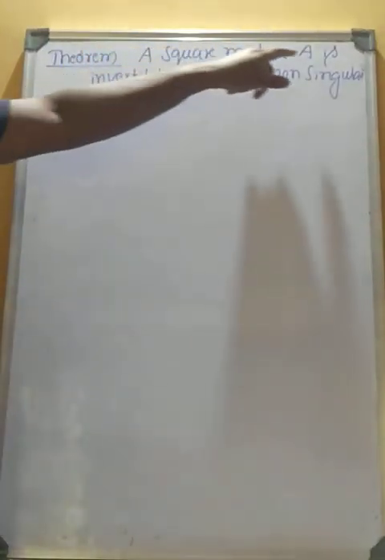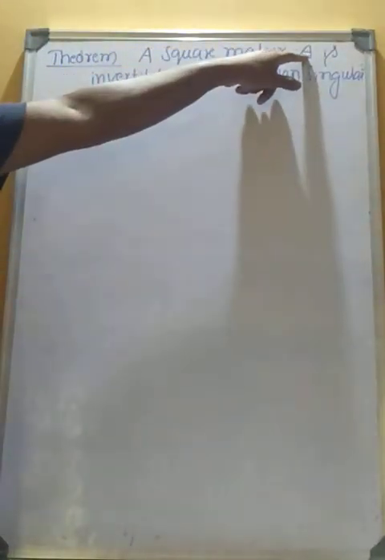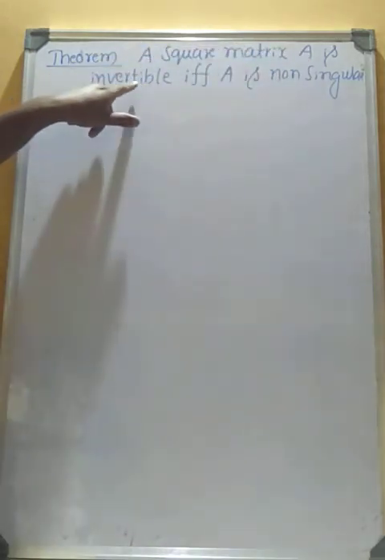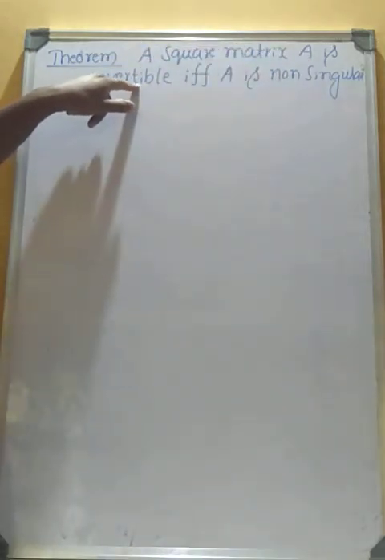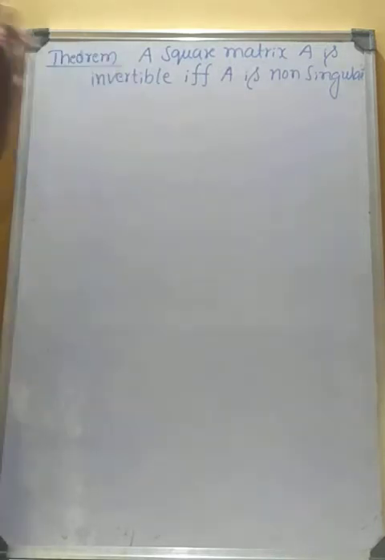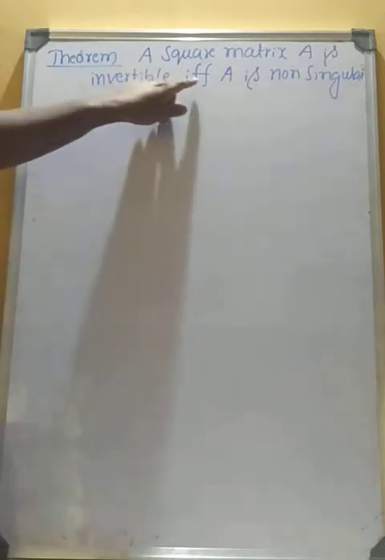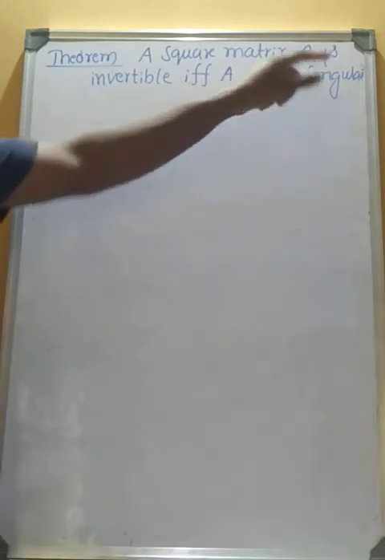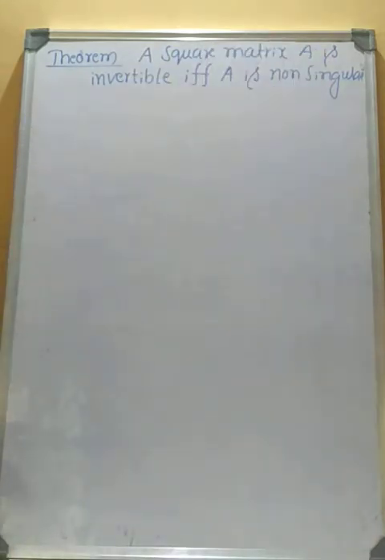A is a square matrix. That matrix is invertible. In the previous class, invertibility of a matrix was already discussed, that is AB equal to BA equal to I, if and only if A is non-singular. Non-singular means determinant of A is not equal to 0.